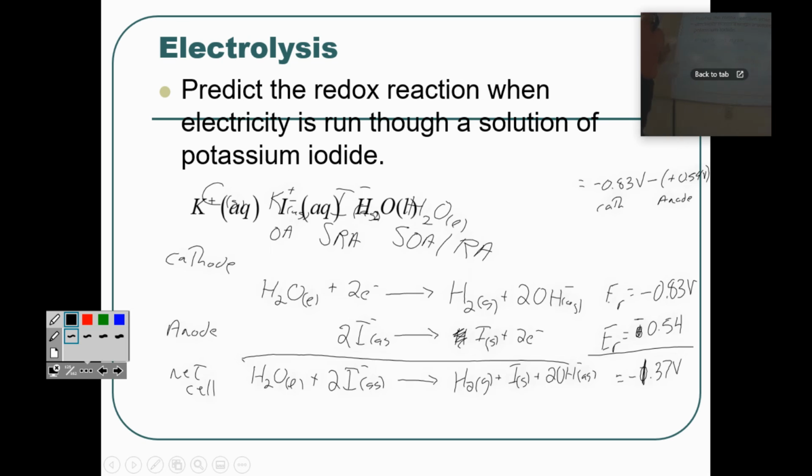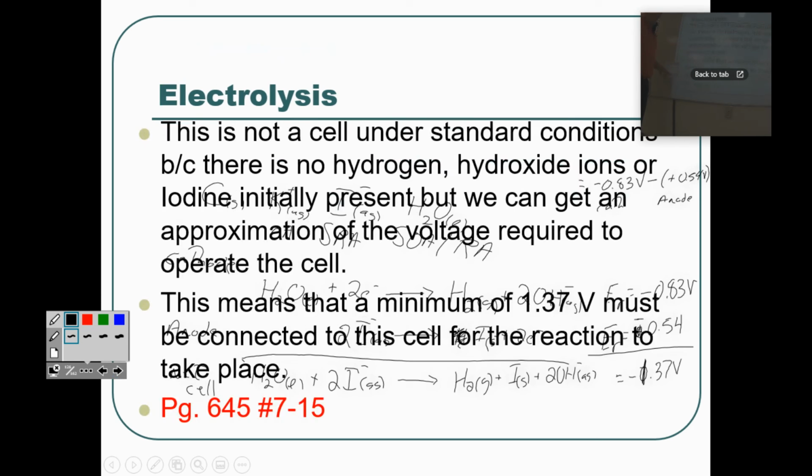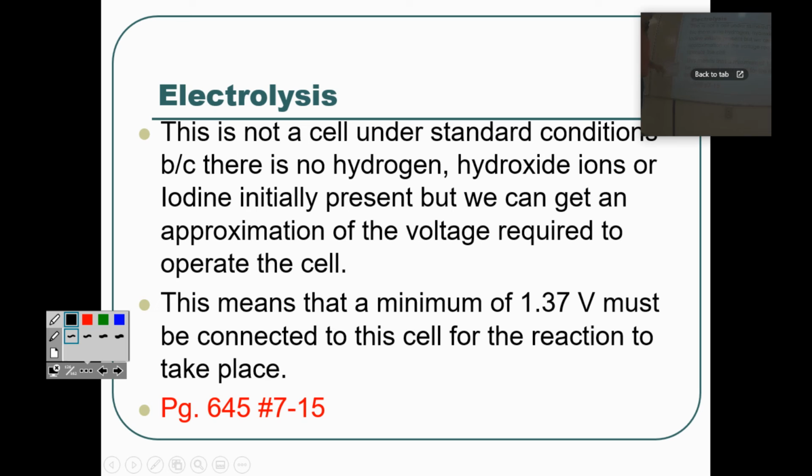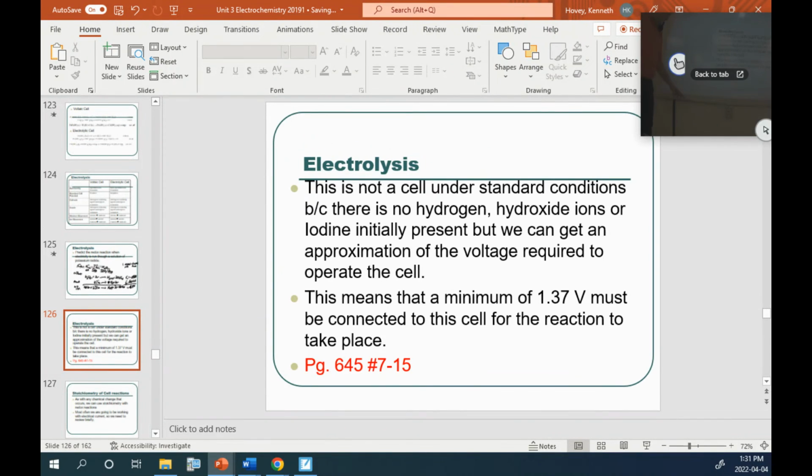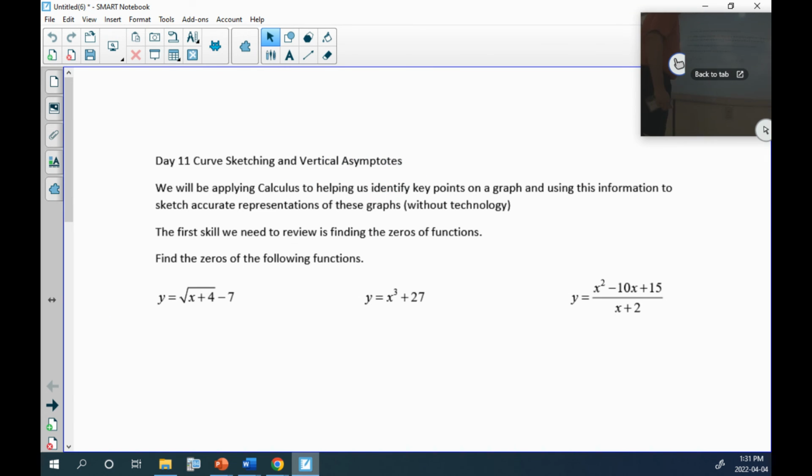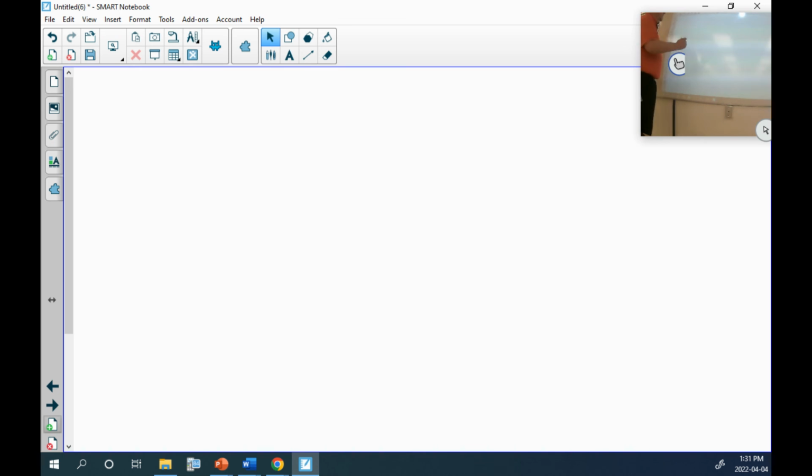So it's not a standard cell, but this 1.37 would be a good approximation of what we would get. Now, I do want to talk about the cell notation for that in a minute.